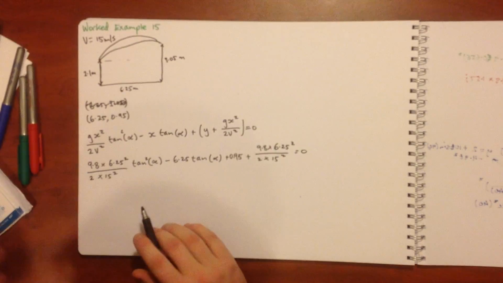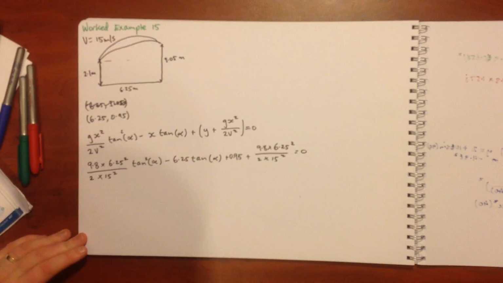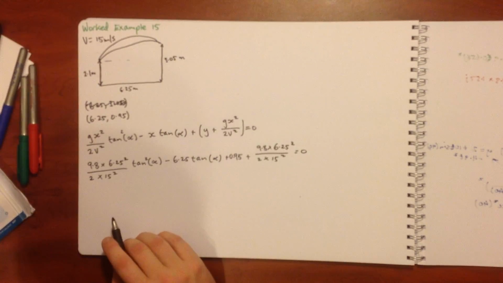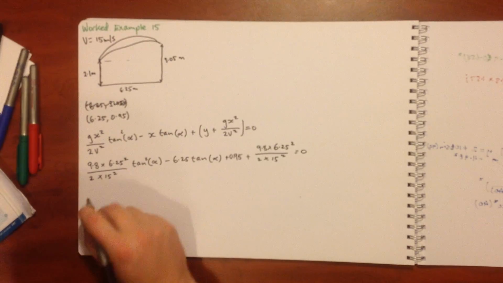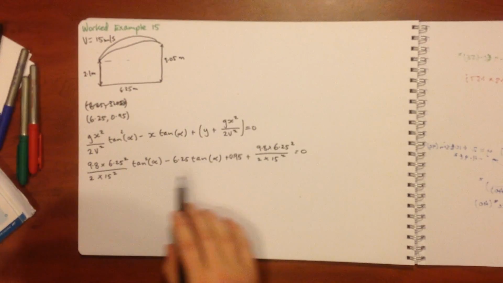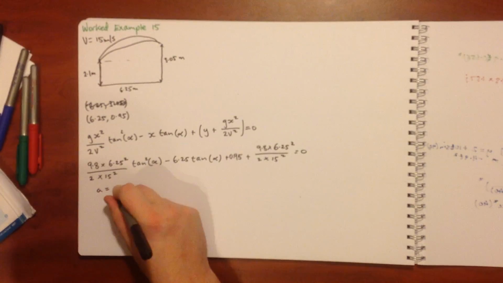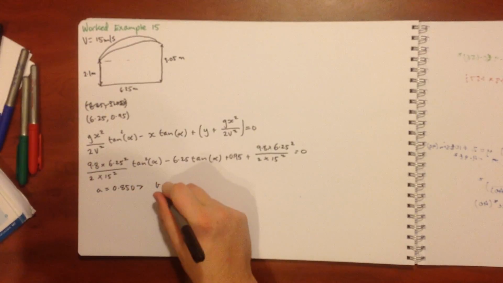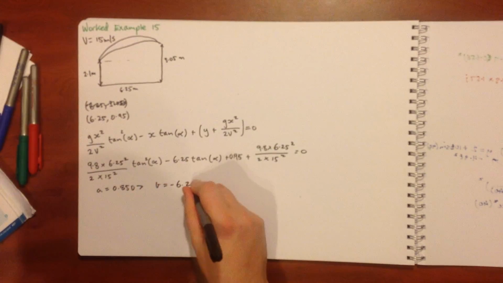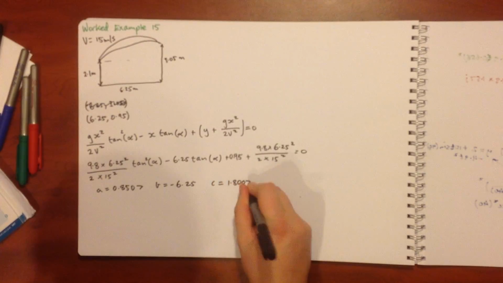So what we need to do is realise that if we were to set up a quadratic here, then our A value is 0.8507, our B value would equal negative 6.25, our C value would equal 1.8007.